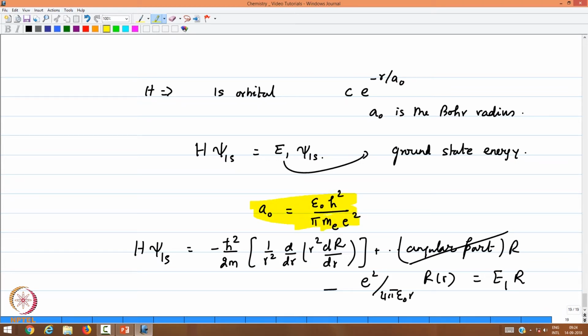This is one expression we should remember, and the other one is the expression for E1, which is minus the mass of the electron times the charge raised to the power 4 divided by 8 epsilon square h square, the Planck's constant. These two will come out from the Hamiltonian when we apply the differential operator.